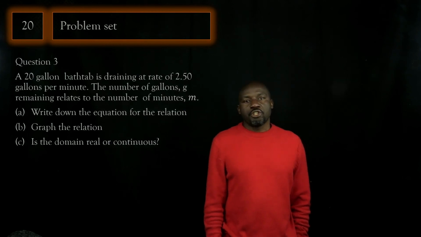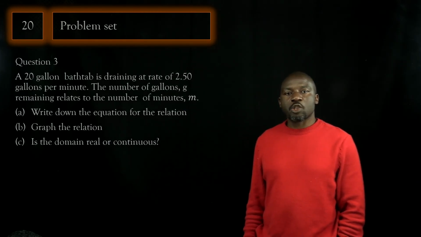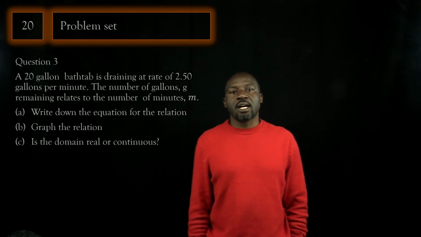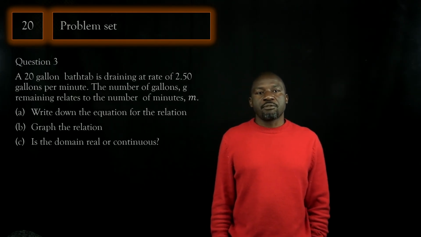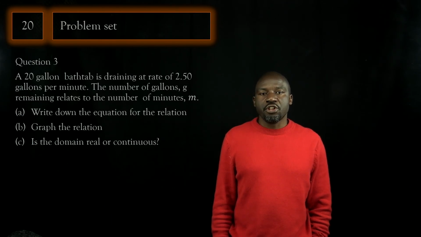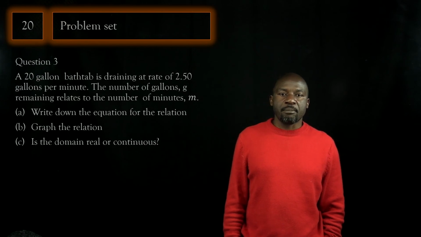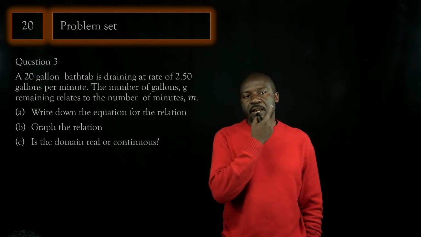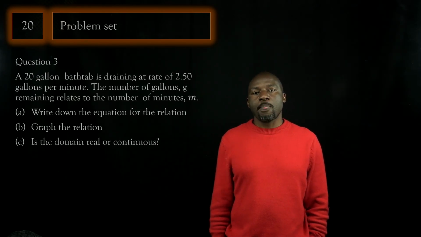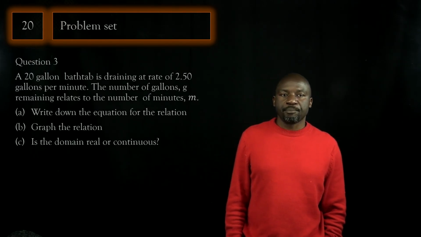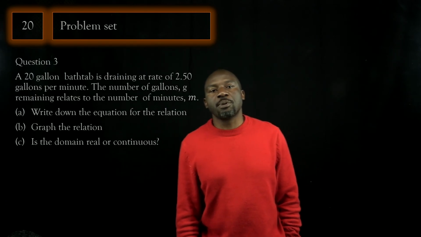The second last question is given there. A 20-gallon bathtub is draining at a rate of 2.50 gallons per minute. The number of gallons, G, remaining relates to the number of minutes, M. So G and M are like X and Y. Write down the equation for the relation, 2.5 gallons per minute.